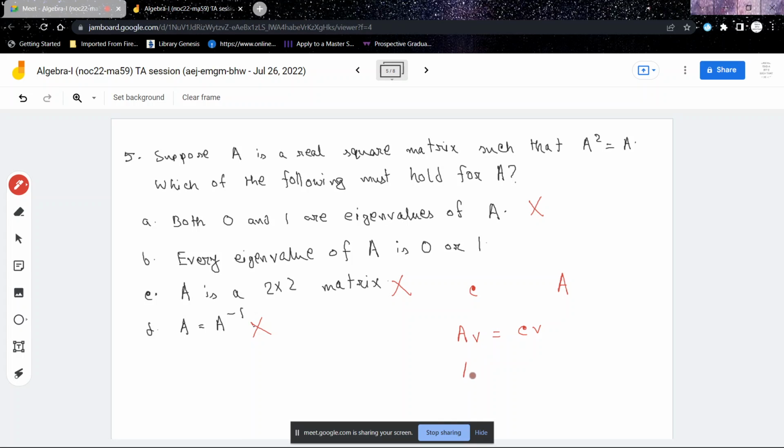Once you apply A squared on v, you arrive at c squared v, and A squared is A, so you have Av, which is cv. Now since v is non-zero, this implies that c is equal to c squared, and that gives you that c is either 0 or 1. So any eigenvalue of A is either 0 or 1. That's obvious.